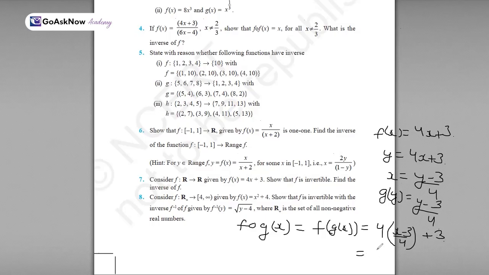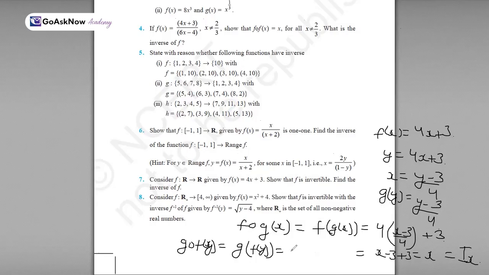So it will come like x minus 3 plus 3. So it is equal to x, which is equal to I_x. So f o g is coming out to be I_x. And if you find out g o f of y, so g of f(y). If I substitute f(y) inside g, g is y minus 3 by 4, and in place of y, I should place the f(y) value.